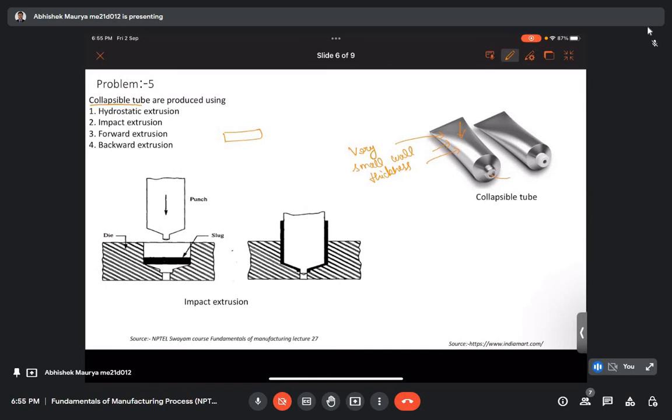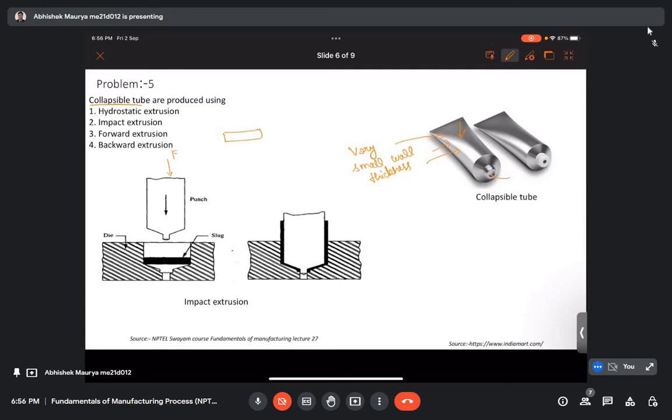Both are the same thing, slug or billet. That is kept in between the die. This is the die which has a shape similar to the tube, and in this die we keep the slug, and there is a punch, and we apply an impact force on this punch.